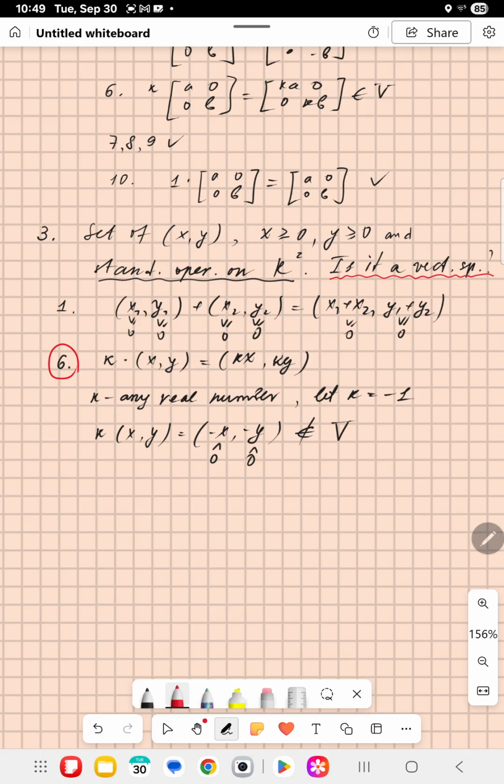Well, according to axiom number 6 not working, it's not a vector space. There are probably other axioms which are not going to work, but I'm not asking you to find them all. If I ask you to find all the not working axioms, then I would like you to check all axioms and find the ones which are not working. Here we found that this one is not working, so you're fine.